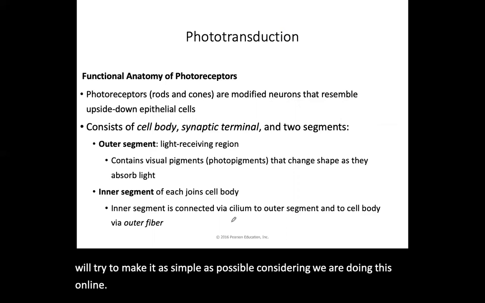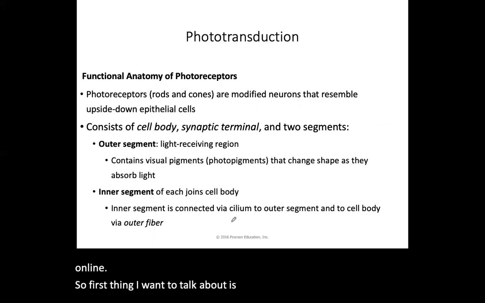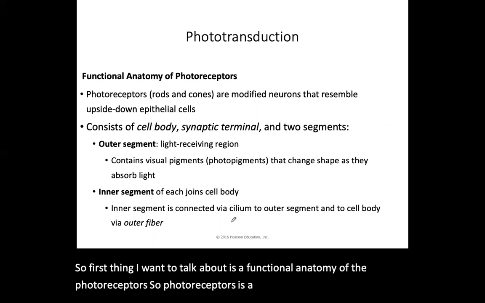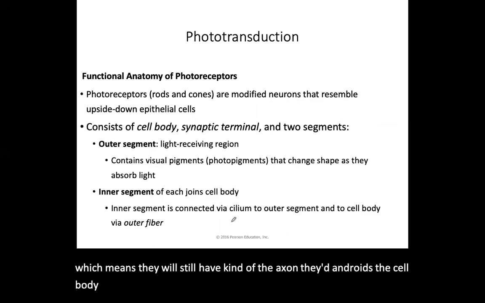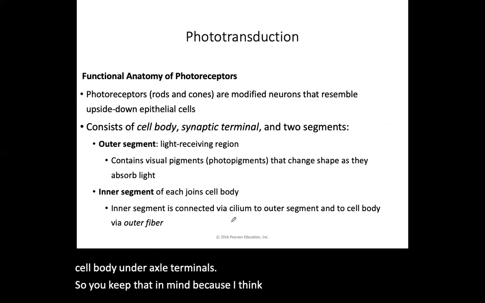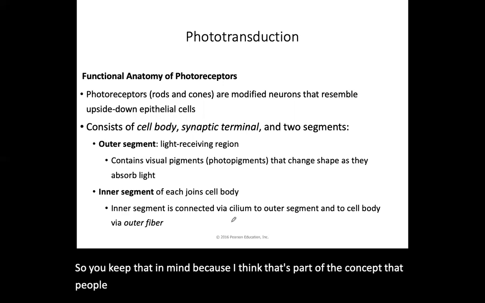So the first thing I want to talk about is the functional anatomy of the photoreceptors. Photoreceptors are a modified version of a neuron, which means they will still have the axon, the dendrites, the cell body, and the axon terminals. So do keep that in mind, because I think that's part of the concept that people forget to imagine.